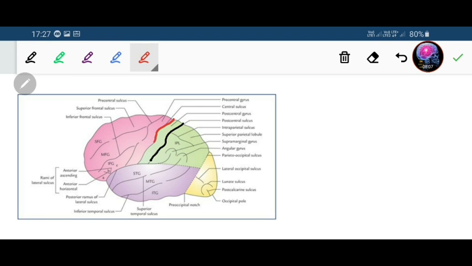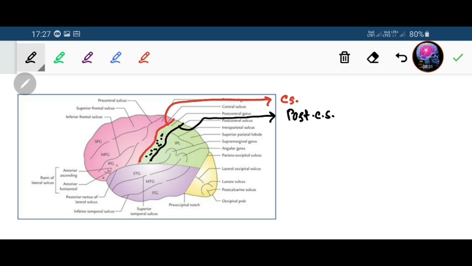This one is the central sulcus. Post central sulcus runs downward and forward, a little behind and parallel to the central sulcus. The area between these two is called the post central gyrus.